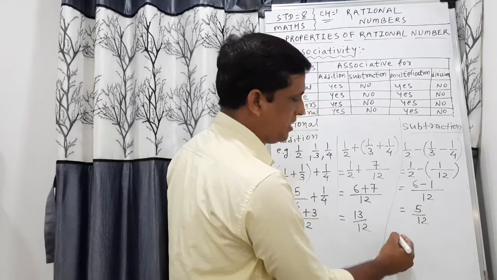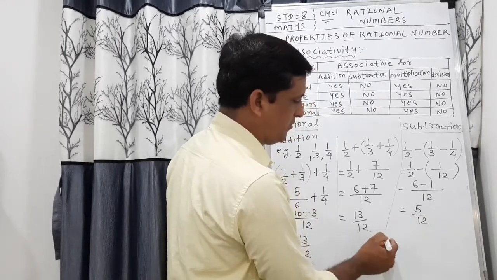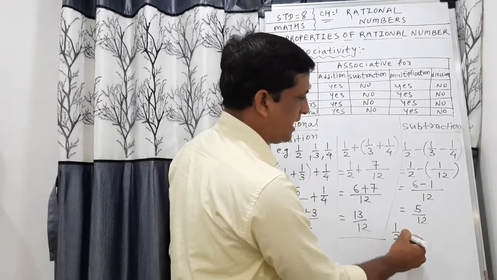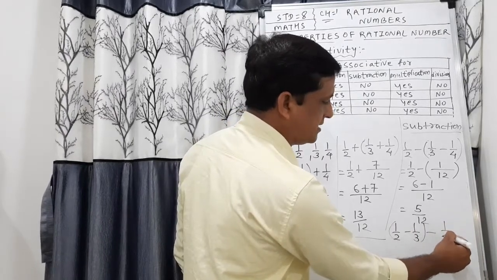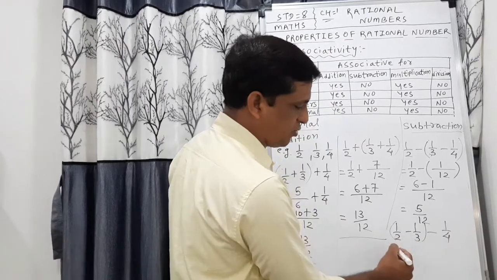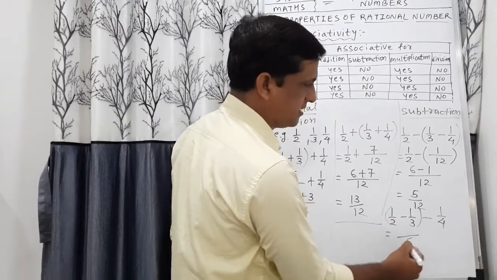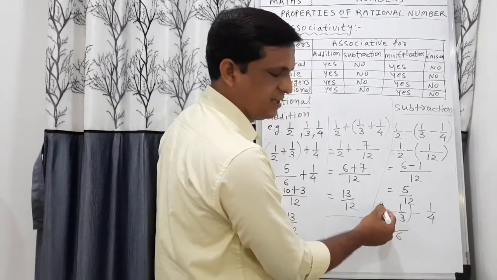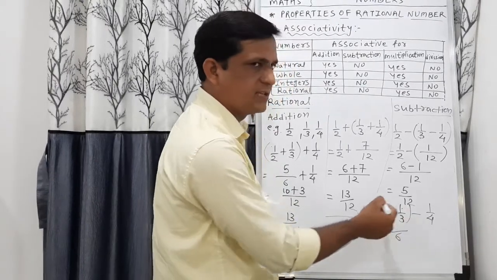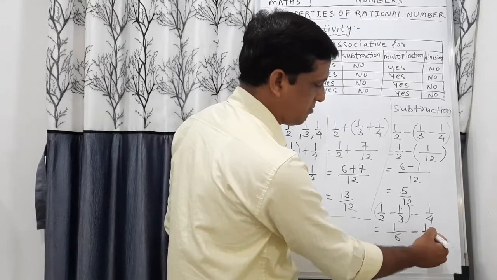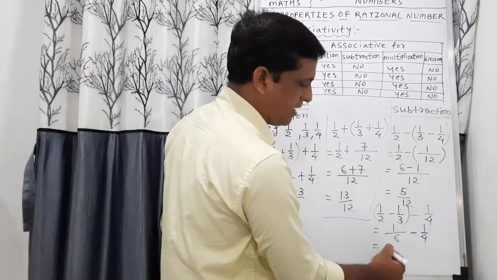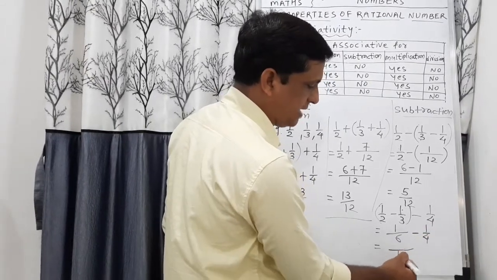12. Now I am taking group of 1 by 2 and 1 by 3, correct? And 1 by 4 remains as it is, so LCM of 2 and 3, that is 6, correct? And 3 ones are 3 minus 2 ones are 2, so it is 1 by 6 minus 1 by 4. 6 and 4 LCM is 12.